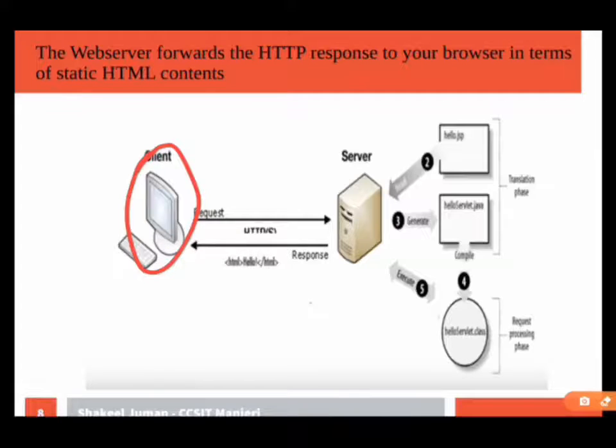We can see in the diagram that the request first passes from the client to the server, and the server recognizes the JSP file and converts it into Java servlet code, and then compiles it to the .class file, and the class file will be executed.